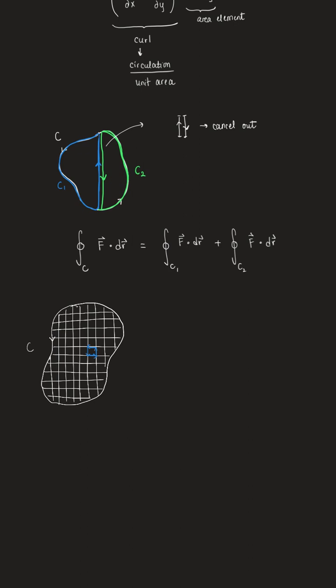All of them. The only thing that will be left will be the circulation along the curve. So we can write that the circulation along our curve, f dot dr, where the curve is closed, will be the sum of the circulation along the boundaries of the tiny rectangles.